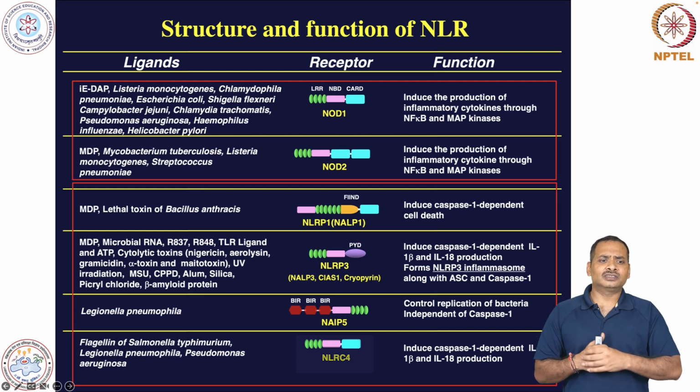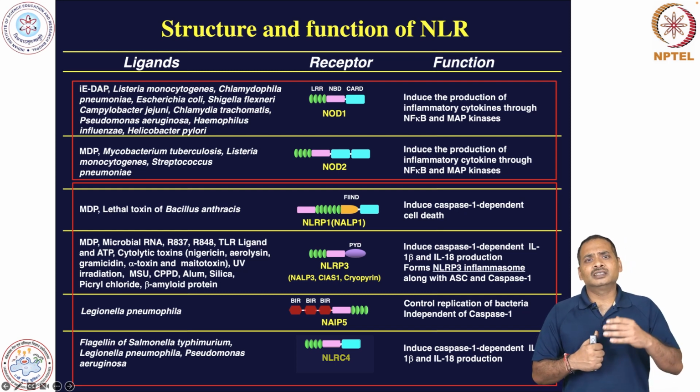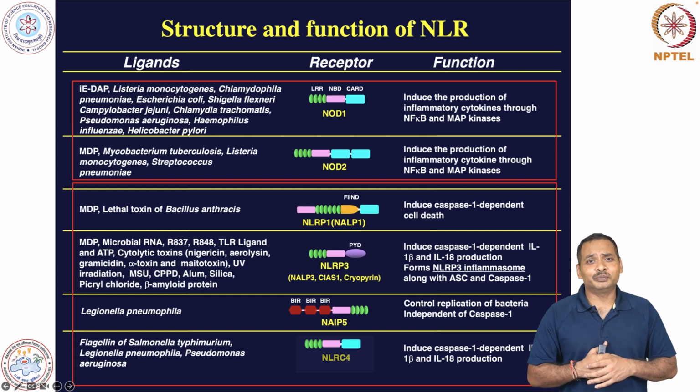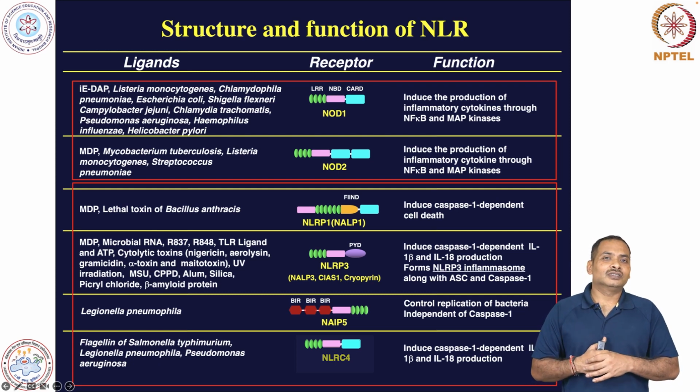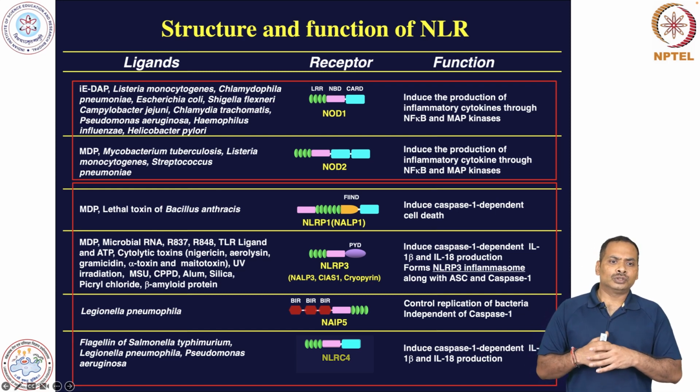They can also sense various TLR ligands, and they can sense ATP from the host also. Okay, they can sense various cytolytic toxins like nigericin, aerolysin, gramicidin, and alpha toxin and maitotoxin.